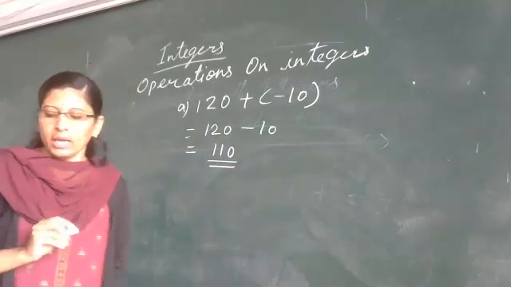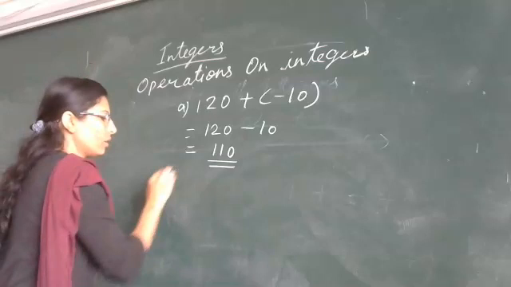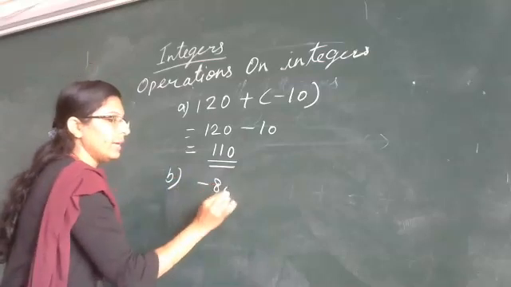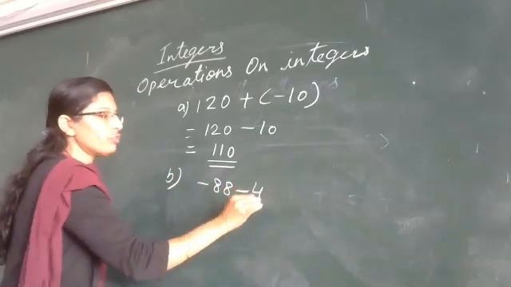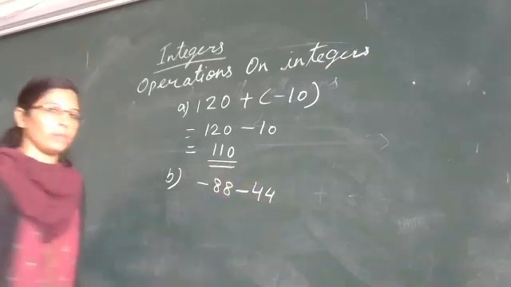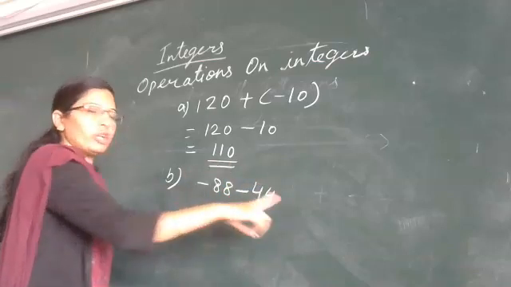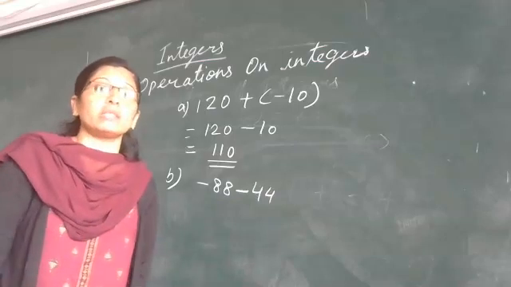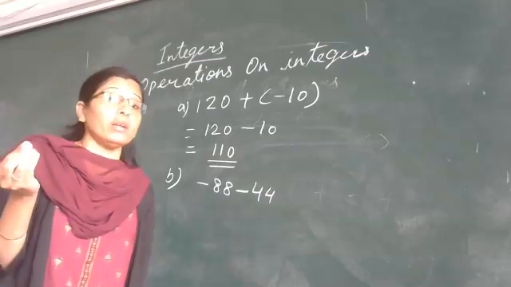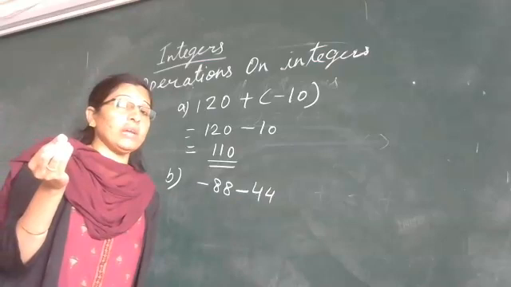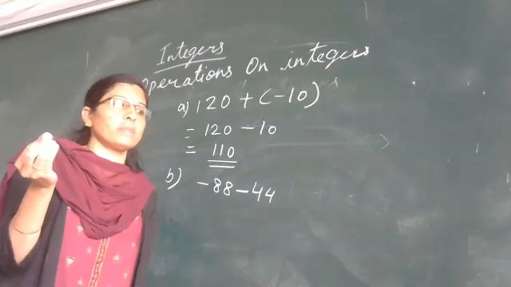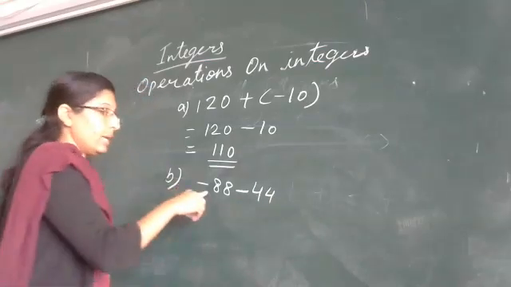Plus. Okay. Now minus 88 and minus 44. See carefully. Minus 88 minus 44. So both are minus. So what do you have to do here? When both are minus, plus.